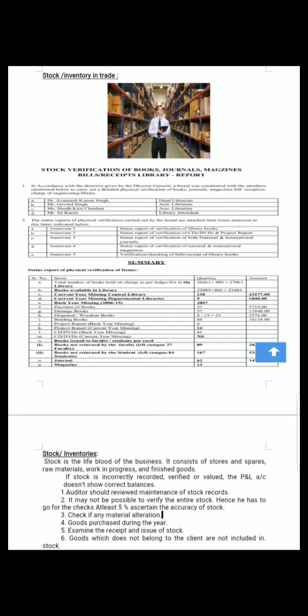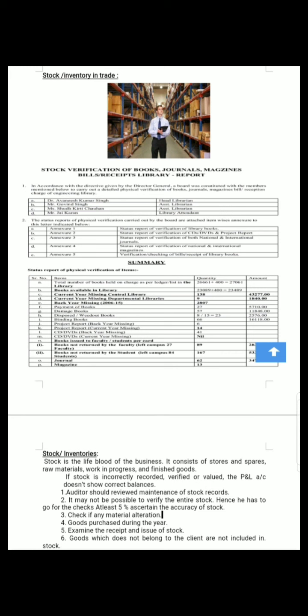Obviously, when the record is not verified properly, the entire P&L account does not show the exact value or exact balance available in the stock. As you all know, you have read in second year BCom the LIFO and FIFO methods, last in first out and first in first out, that is the issues, receipts, payments and balance.